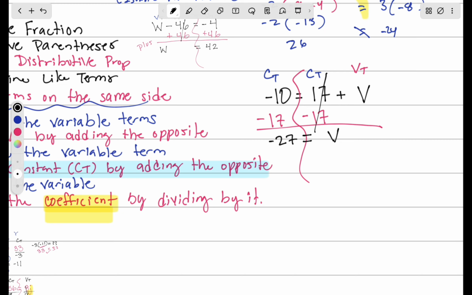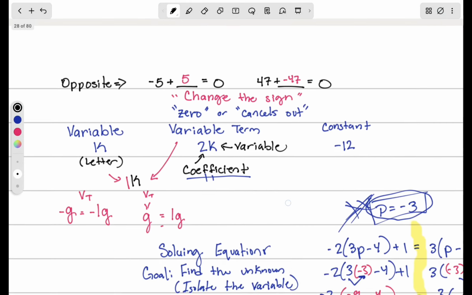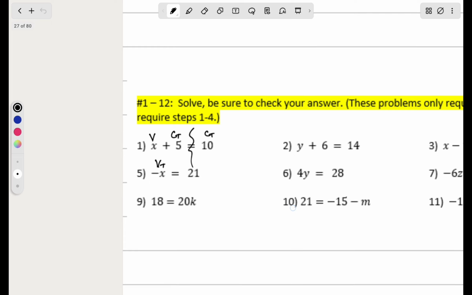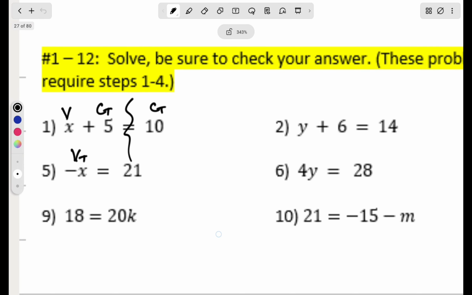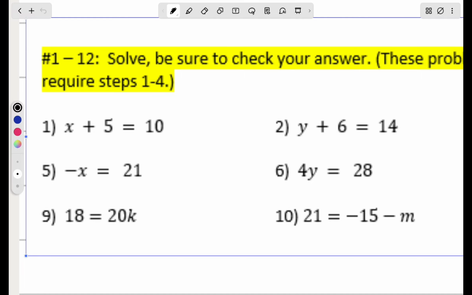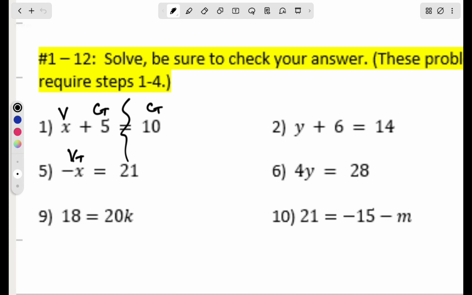Now, for practice, I have 6 problems I want you to do in class. And I want you to label what we've got. I'm going to put a T on that variable term. All right.